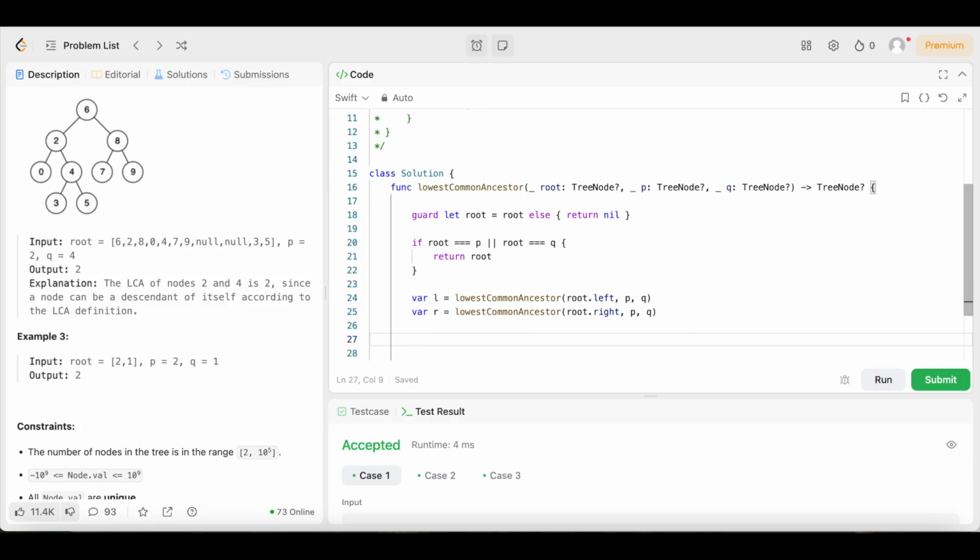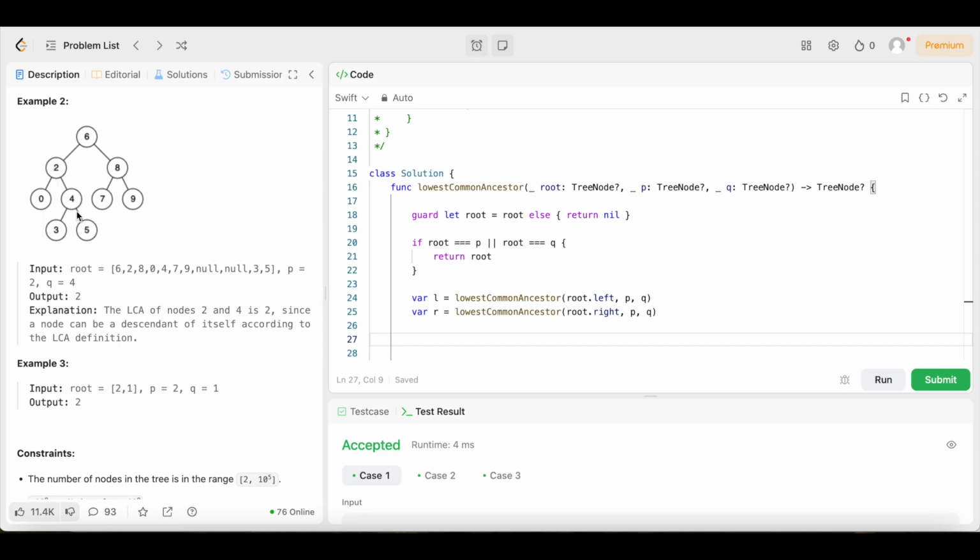Now we need to check to see if the left or the right subtrees return nil values, because if one subtree is non-nil, that means the LCA would be on that subtree. Or if one subtree is nil, then that means both P and Q will be on the other subtree, right?